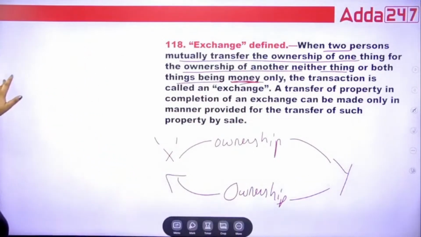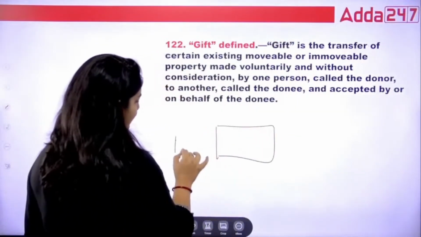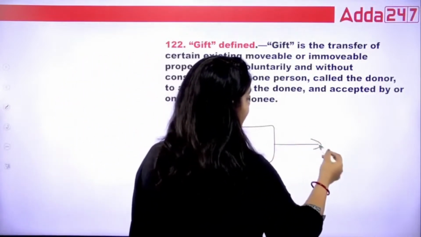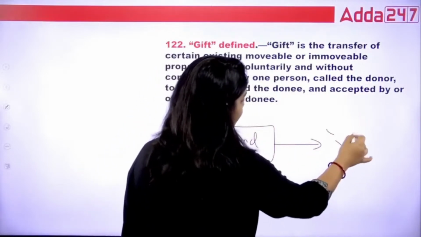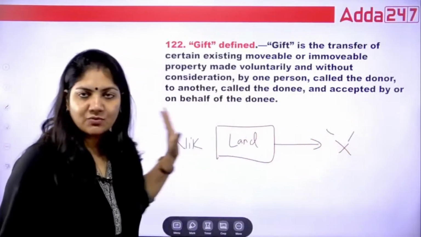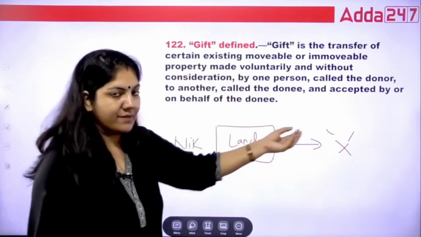And what is gift? Gift is so simple. If this is the immovable property, Nikita ma'am is transferring this property, this land, as a gift to X person. So gift means X person will give nothing to Nikita ma'am. It is the voluntary decision that Nikita ma'am has made.